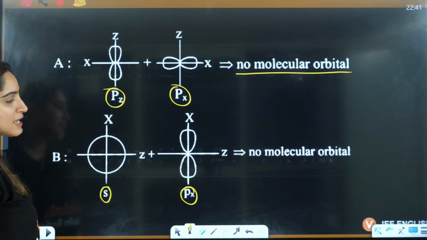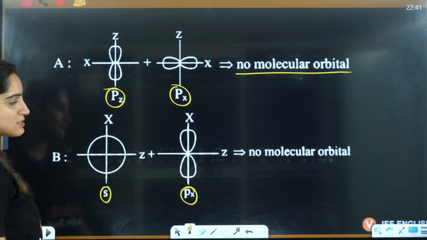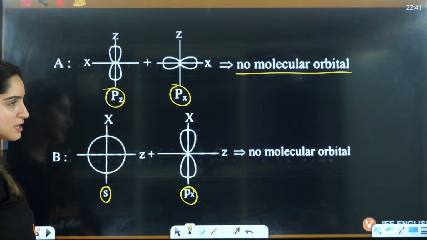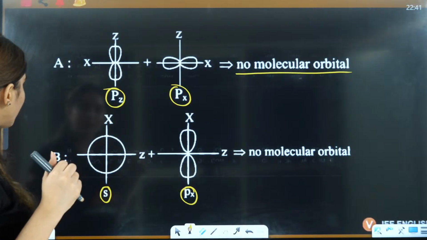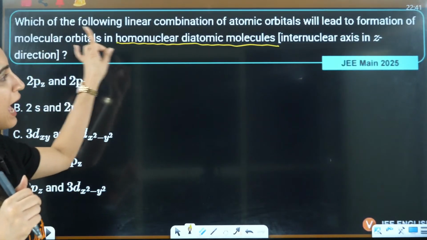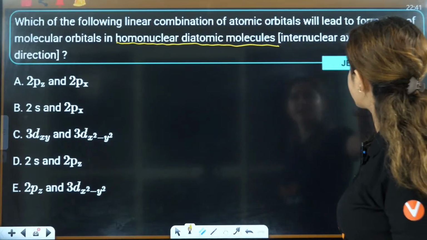Now, this is PX and this is S. S is a spherical orbital. And can you see they are saying that you should have the overlapping along the z-axis?